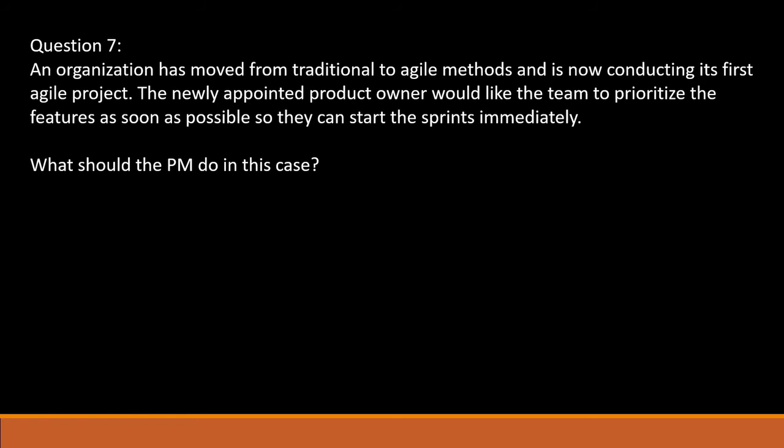Question number 7. An organization has moved from traditional to agile methods and is now conducting its first agile project. The newly appointed product owner would like the team to prioritize the features as soon as possible so they can start the sprints immediately. What should the PM do in this case?